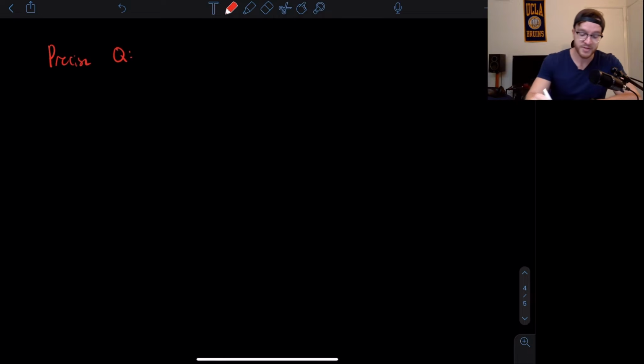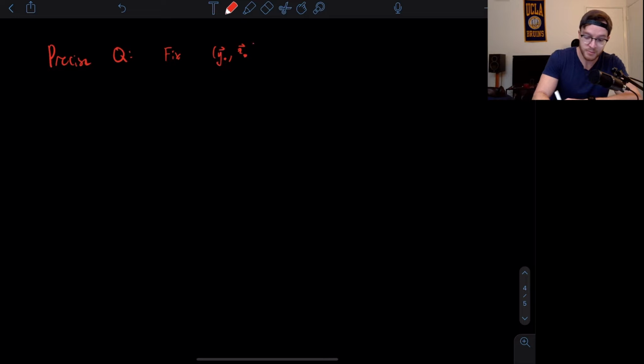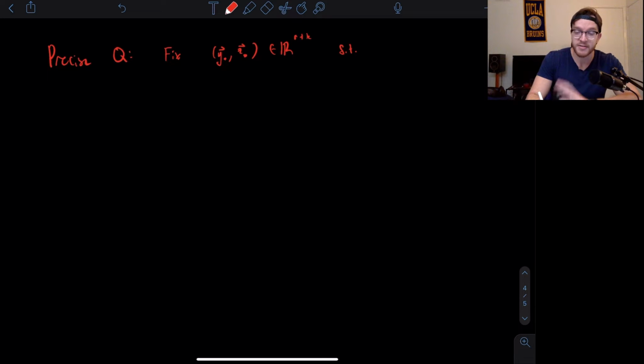So now the precise question is, I'm going to fix a solution of that big system of equations. Let's suppose that we've found a solution. So fix such a point, now this is a point in R^(r+k), such that it satisfies that system of equations.